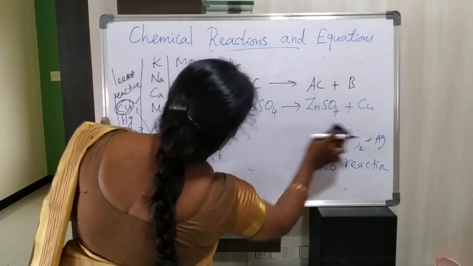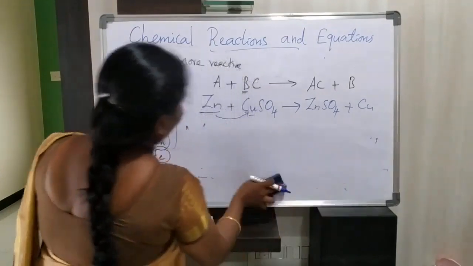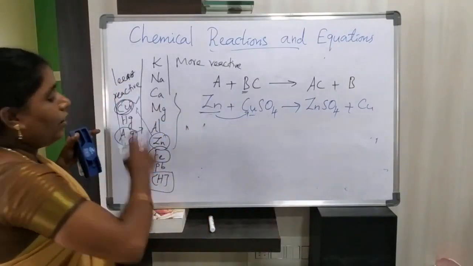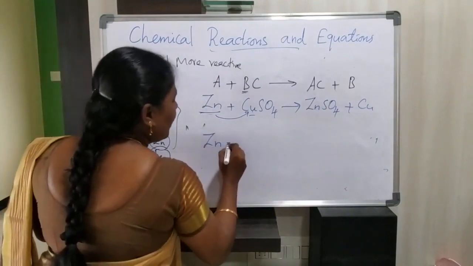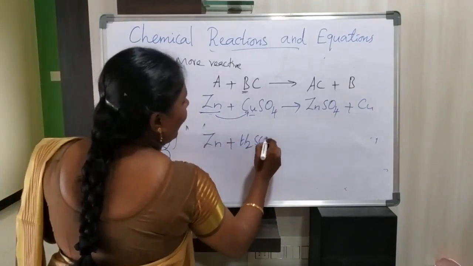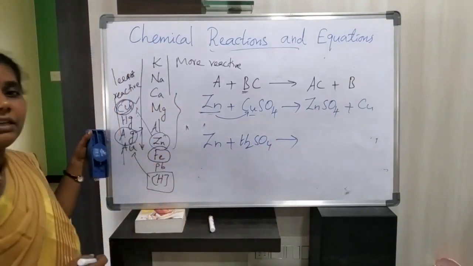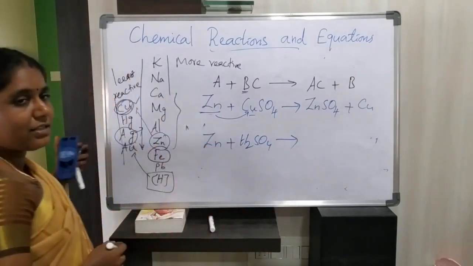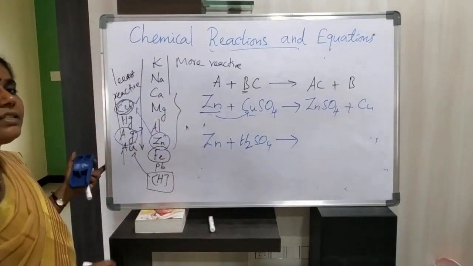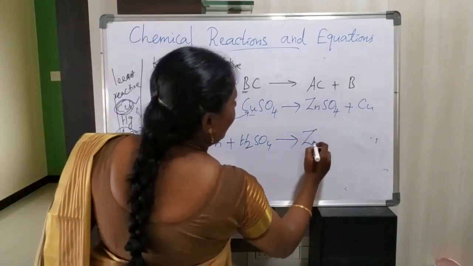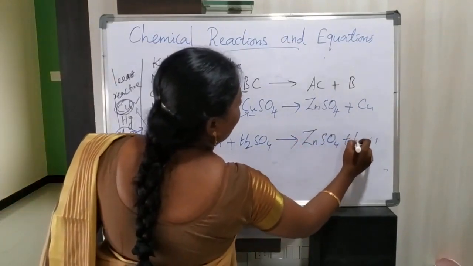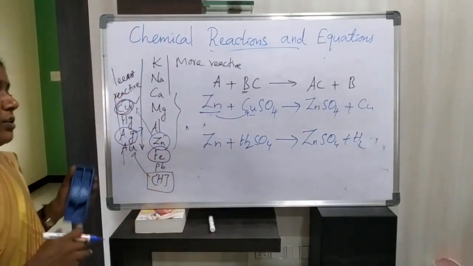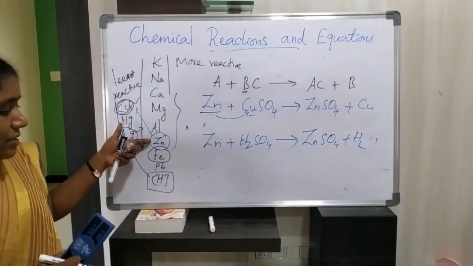Same like this, suppose, listen, what happens when zinc reacts with sulfuric acid? Zinc is a metal, sulfuric acid is a solution. It forms zinc sulfate and releases hydrogen. Where is zinc? Zinc is here.